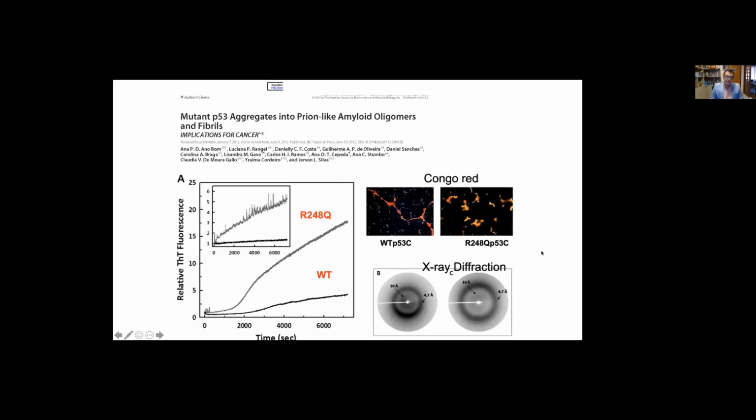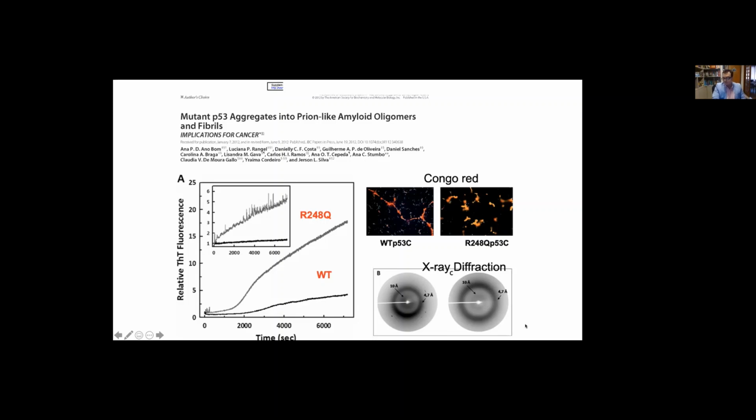And this was clearly proved in vitro. We looked at the aggregation of the DNA binding domain as a function of time at atmospheric pressure at 37 degrees, and clearly the wild type DNA binding domain, binding thioflavin T, aggregates much slower, and what's called a hotspot mutant aggregates much faster and with much higher values of thioflavin T. We also looked at the binding of Congo red, and in vitro these aggregates are quite heterogeneous.